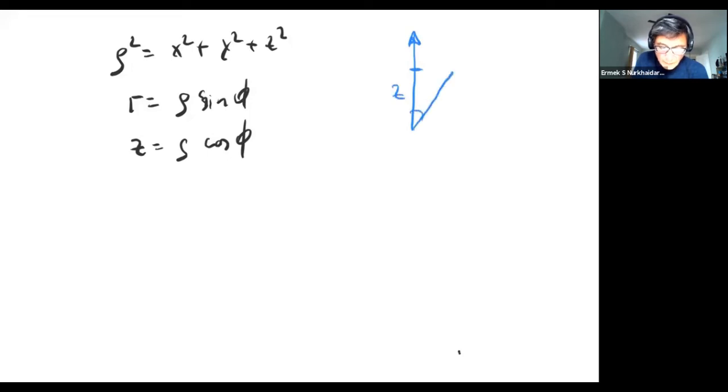Then we have angle phi, and if we do projection on the xy plane, then r is right here. So z is adjacent and r is opposite from angle phi. You solve your right triangle and you get the identities: z equals rho cosine phi and r equals rho sine phi.